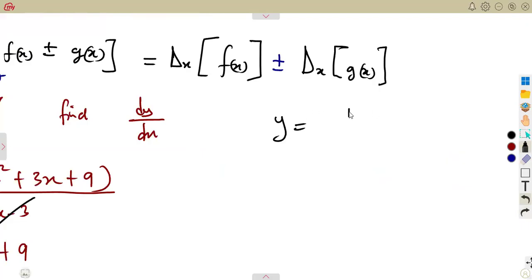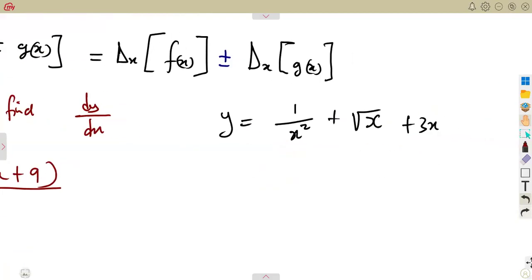Maybe you're given 1 over x squared plus maybe the square root of x. Whatever that you are given, guys, you must be able to rewrite in the form where we are going to have these powers, x to the power of this. So let's start. 1 over x squared is not yet in that format. So what are we going to do?